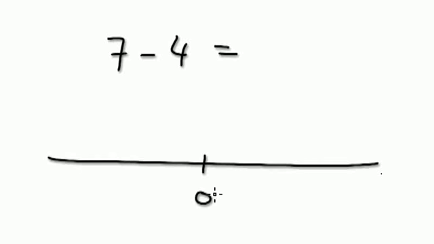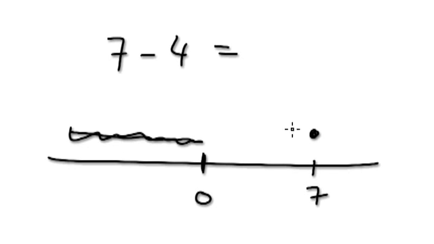So if you have, say, 7 take away 4, what is that? Well, you always put the 0 in first. Starting point is at 7. Well, remember, with 4 you're not going to enter the negative realm. You're just going to stay in the positive, because you're only taking 4 steps.